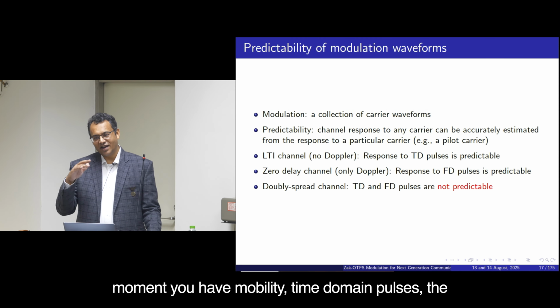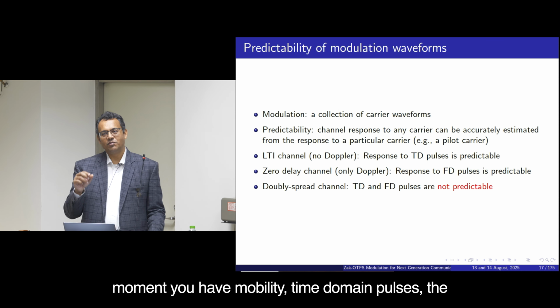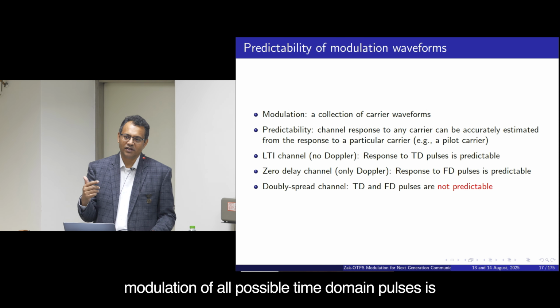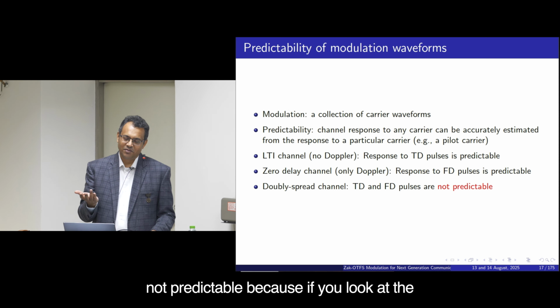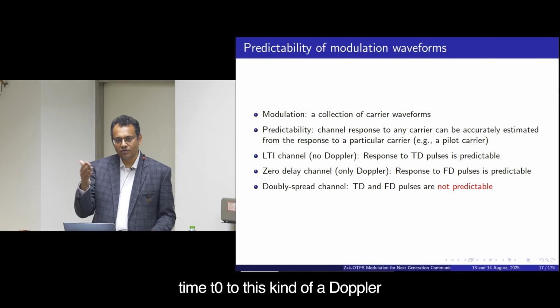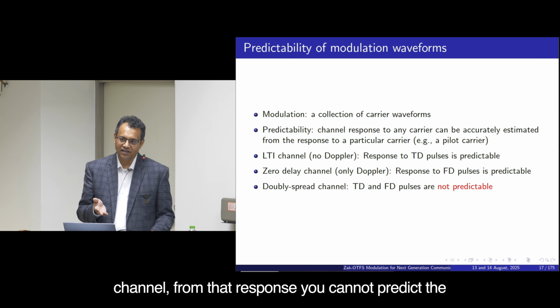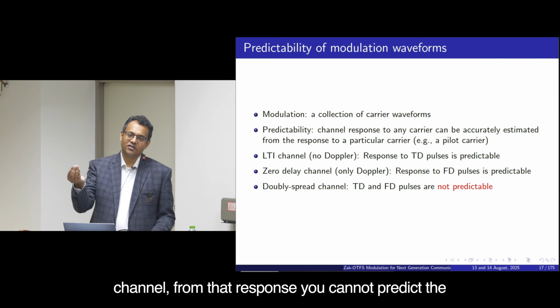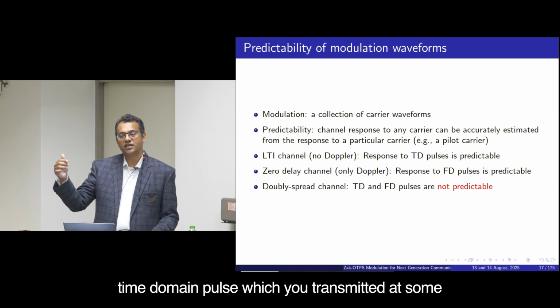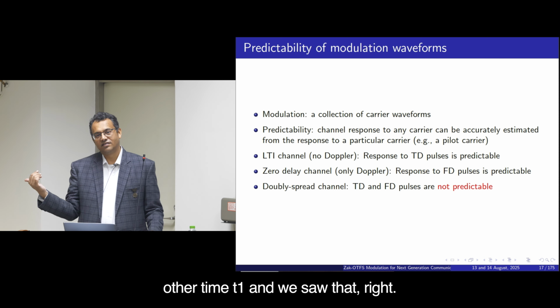But the moment you have mobility, the modulation of all possible time domain pulses is not predictable, because if you look at the response of a particular time domain pulse at time t0 to this kind of a Doppler channel, from that response you cannot predict the response of the same Doppler channel to a time domain pulse which you transmitted at some other time t1, and we saw that.